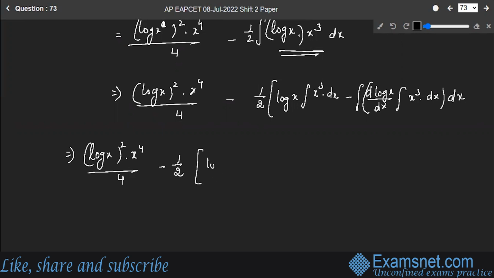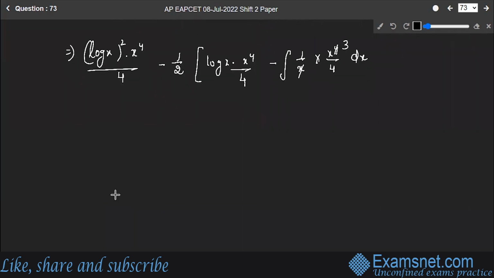Okay, so further, this will be log x square, this thing, minus 1 by 2, log x into this minus 1 by x into this. Okay, so this is equal to, actually these are two similar ones.